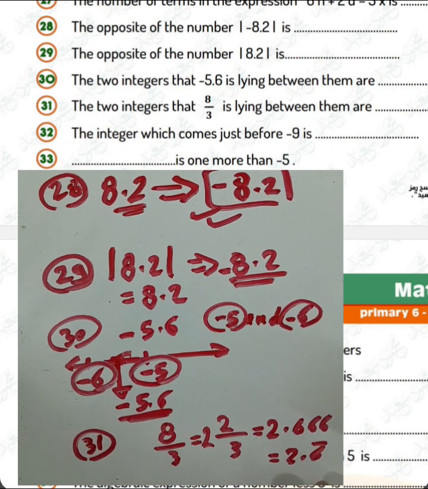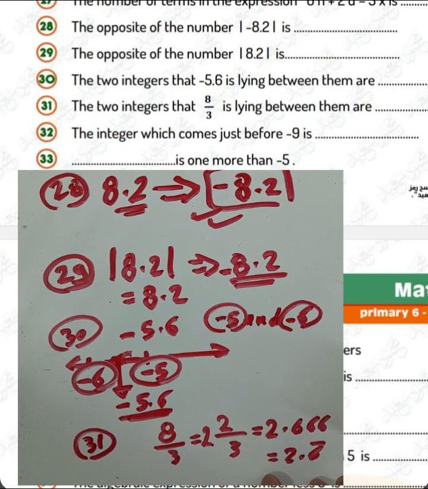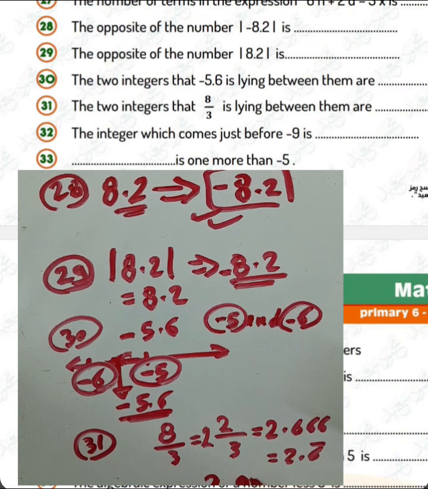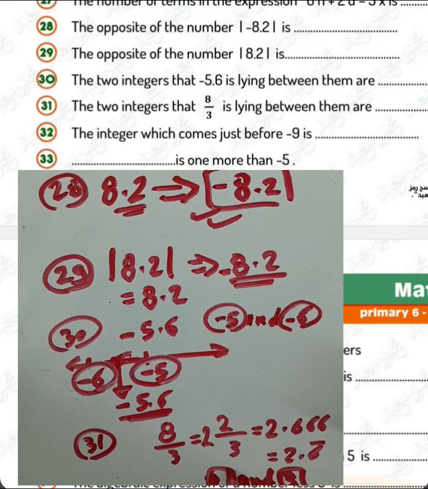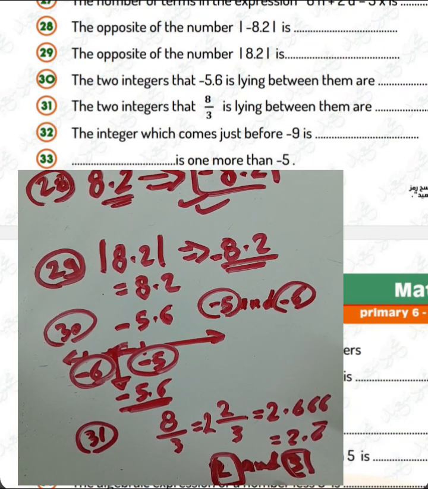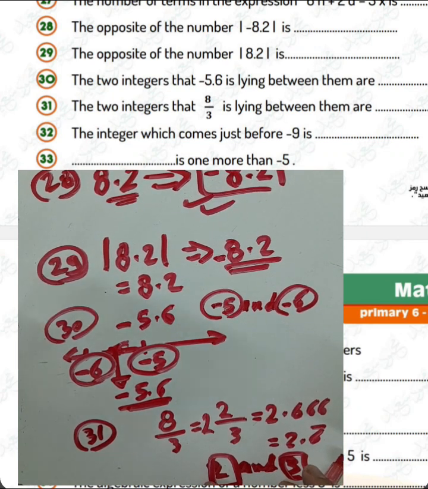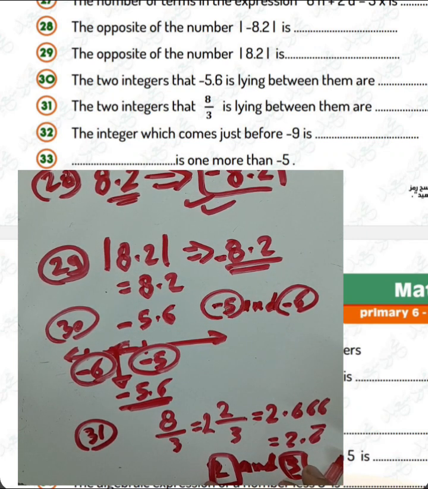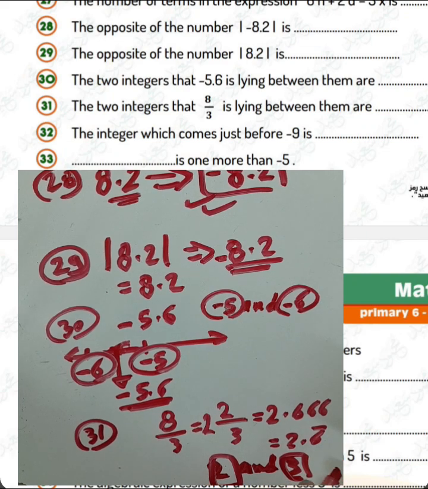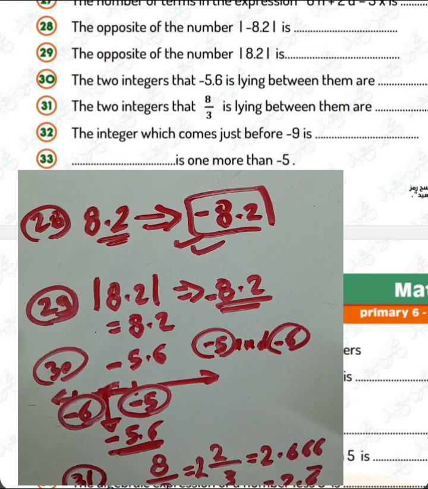This number lies between 2 and 3. So we must write in the space 2 and 3. Question 31. The two integers that 8 over 3 is lying between them are 2 and 3. Okay.